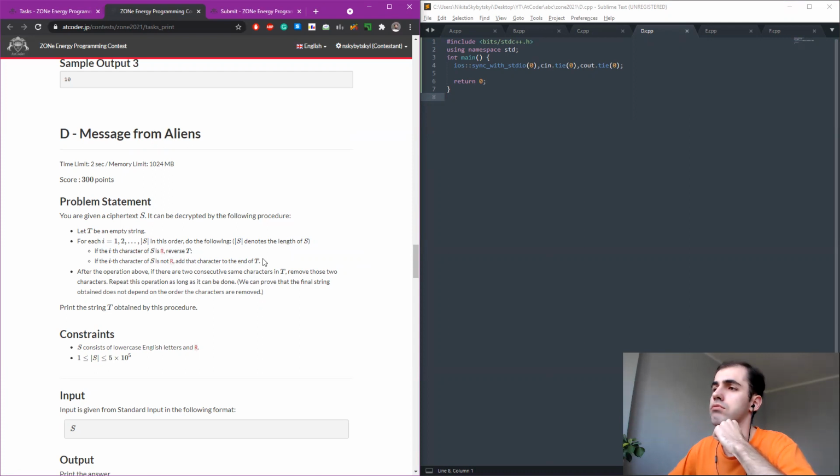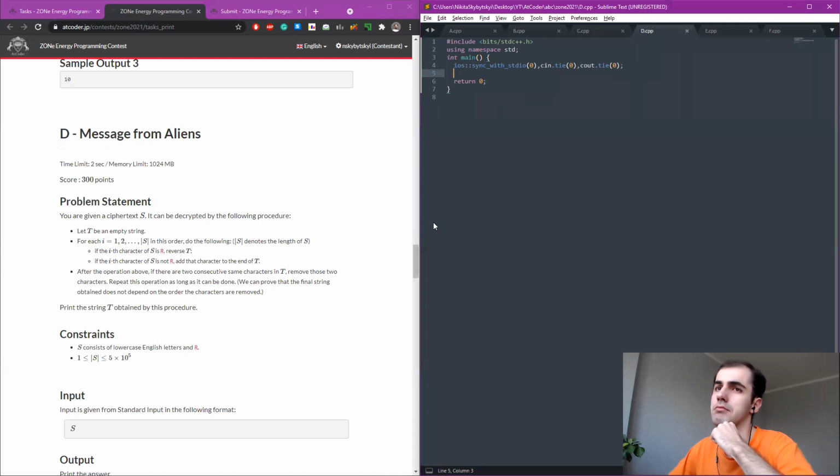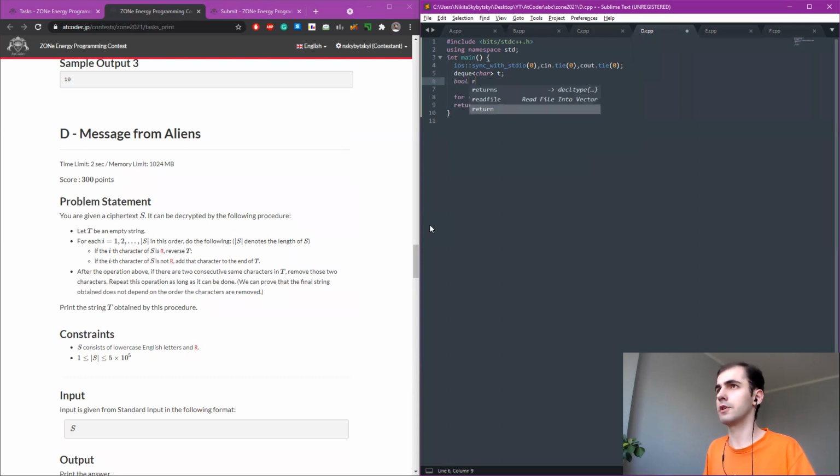I believe we can just maintain T as a deque, right? Do whatever we want. Okay. And we also will have a flag boolean reversed, starts with false.